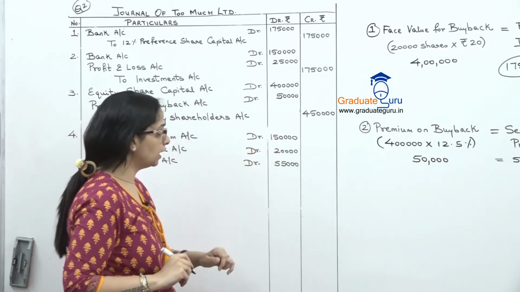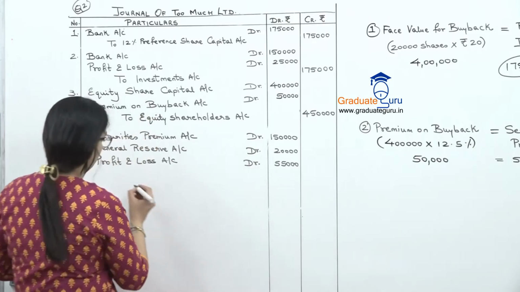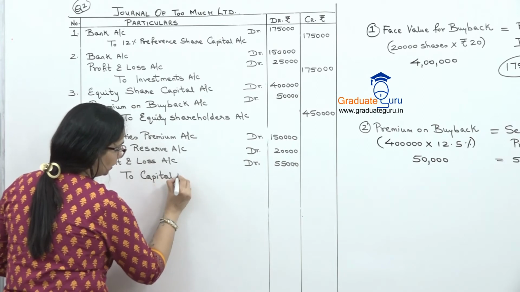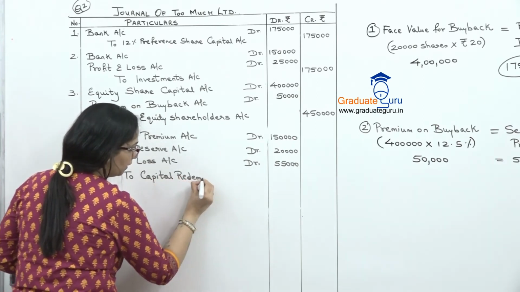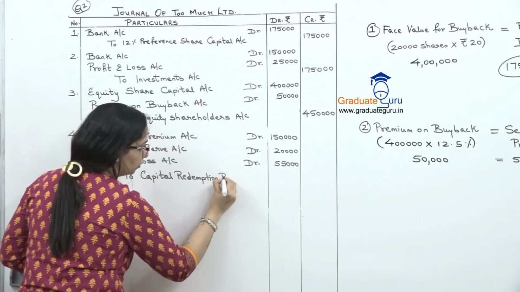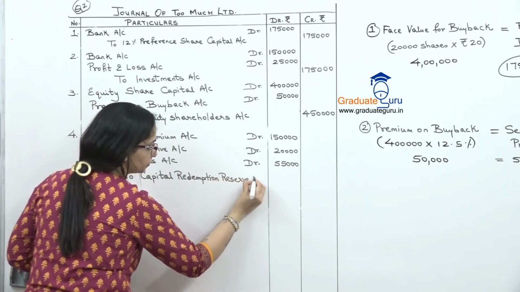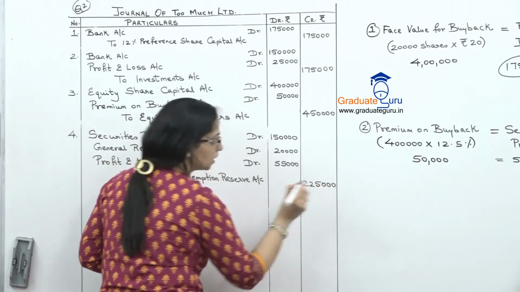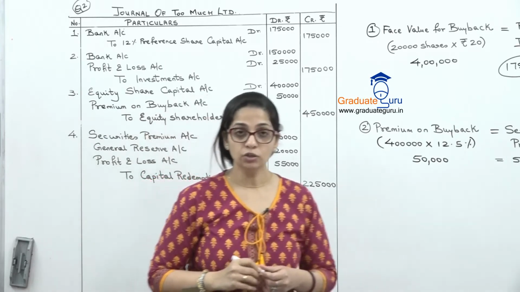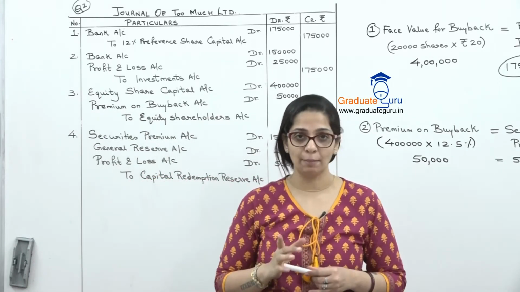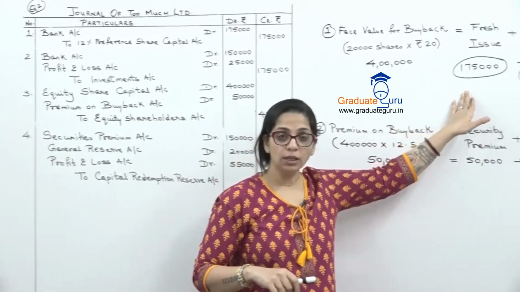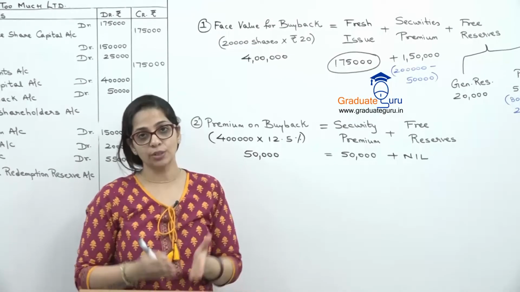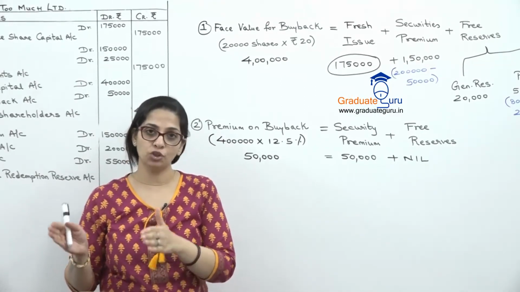The total of these 3 is 2,25,000, which I will take to capital redemption reserve account. Only the amount that we use from reserves for the buyback goes into the capital redemption reserve. The fresh issue amount will not be shown in the capital redemption reserve. So whatever you use from reserves, you transfer to the capital redemption reserve account.